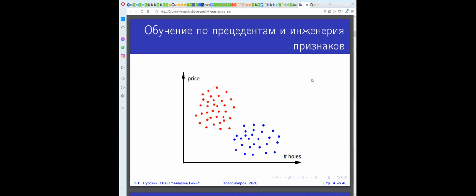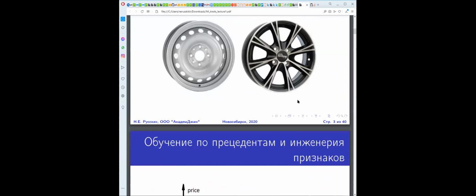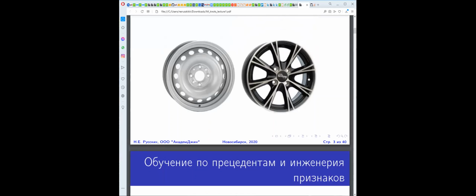Features is a well-known, frequently used keyword in deep learning and machine learning in general. That's cool, but extraction of these heuristics is a pretty tedious task itself. So we've got to know the price. We're not good with the image alone, and extracting the number of holes from an image is not fun to do.